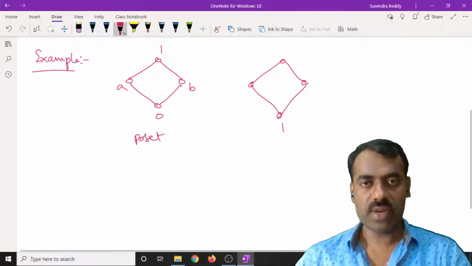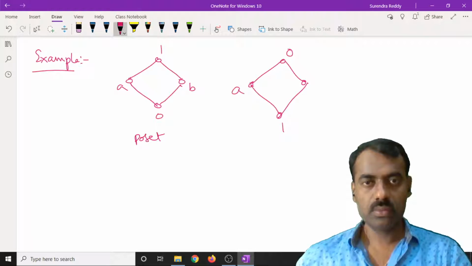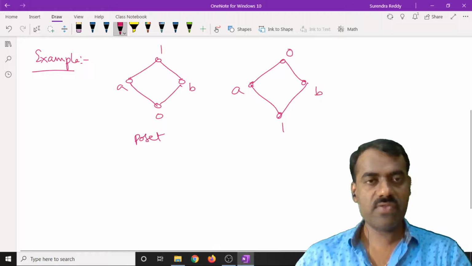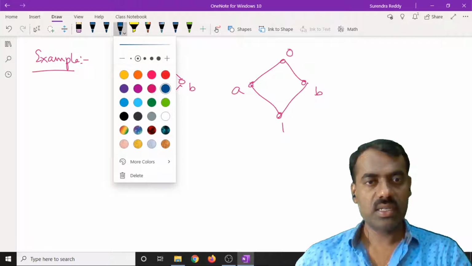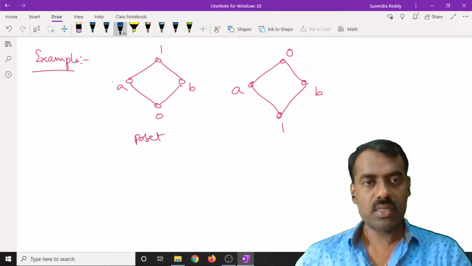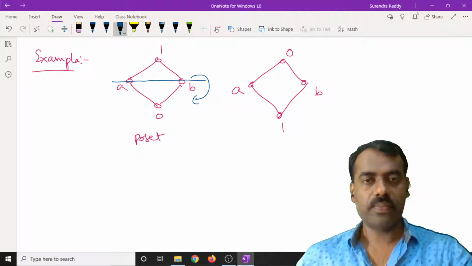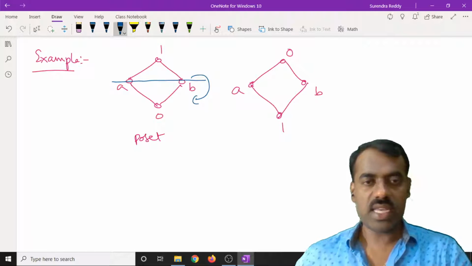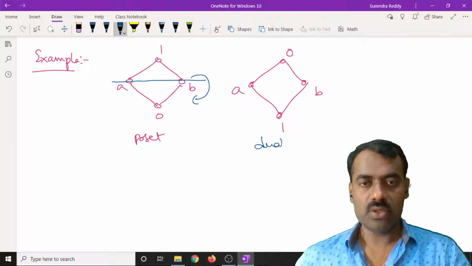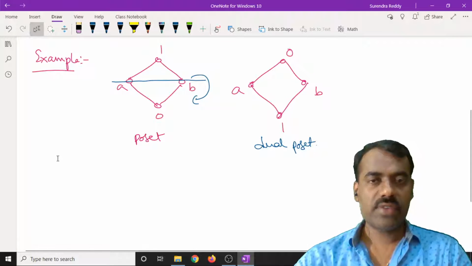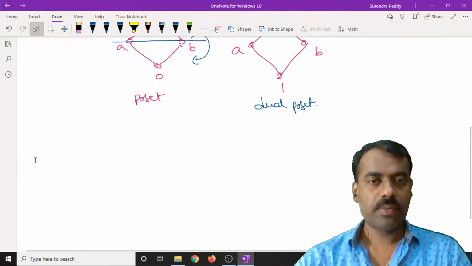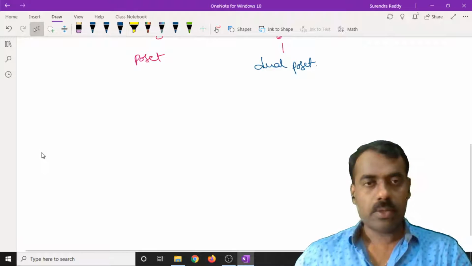So this will become 1, this will become 0, A and B. So what we are doing here is inverting up and down. Then what you get here is called the dual poset. Okay, fine. This is a quick recall about last class.